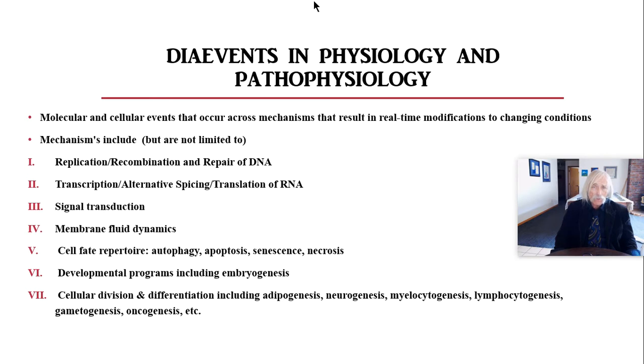Cell fate repertoire, such as autophagy, apoptosis, various kinds of that, senescence, of the aging process, and then necrosis. And there's various types of those, like, for example, VerEvMed, which I've talked about in previous lectures online. There's also developmental programs. What's the big one we always think about? Embryogenesis, right? So that's always there, and it's being worked on by these Diaeventontological records of matter, records of substance.